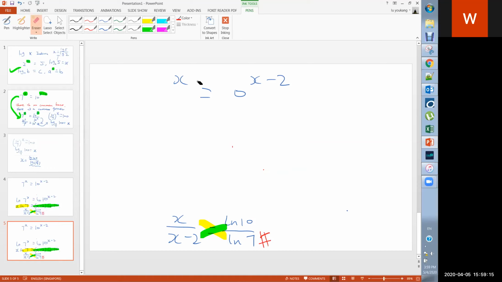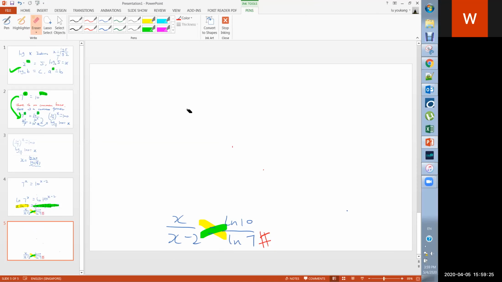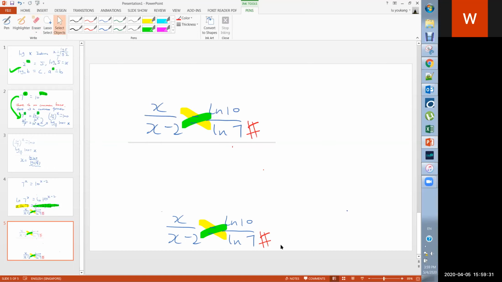Okay, so let me continue to finish this. What you do is, in fact, you can find out what is on the right first by using a calculator. Can you help me out?